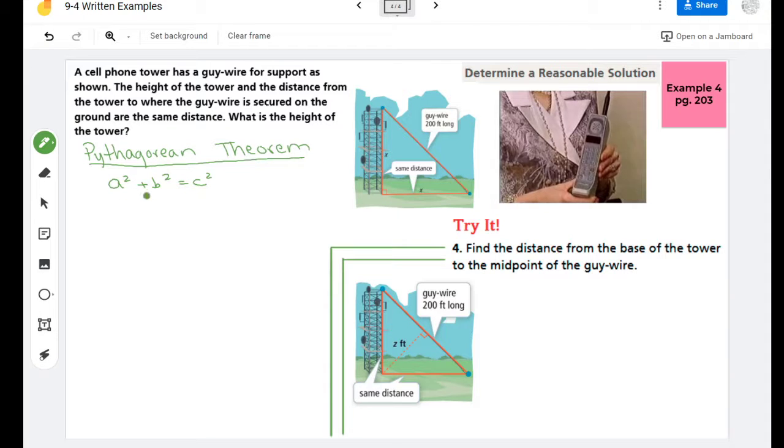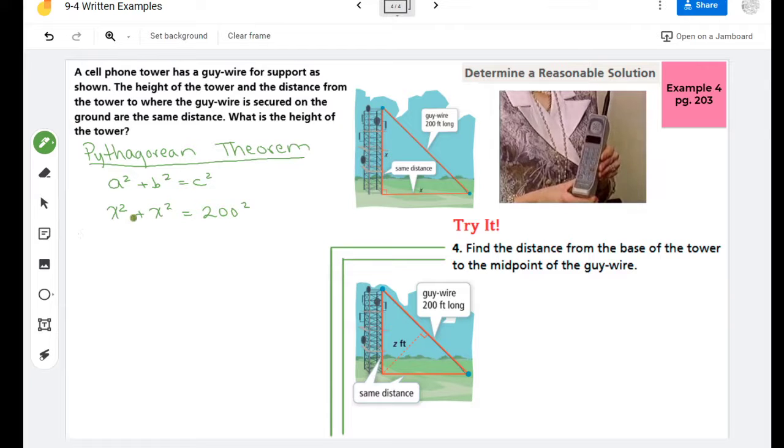So I'm going to use Pythagorean theorem on this problem. My legs A and B are each x, so I'm going to replace them with x's. And then C is my hypotenuse, which is the guy wire, which is 200 feet.